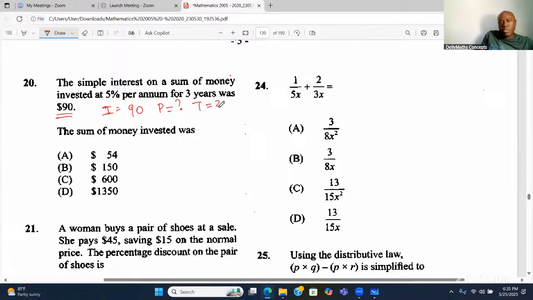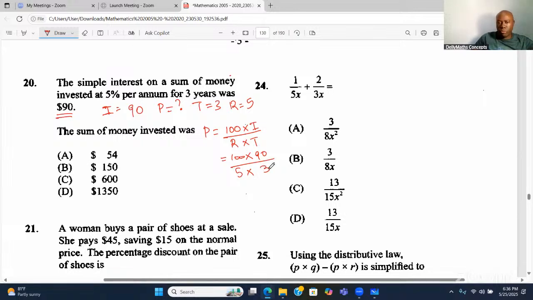You have the time, it's 3 years, you have the rate, it's 5. Remember, though, that P can be found by taking 100 and multiplying by your interest, divided by your rate times your time. So it's 100 times 90 all over your rate, which is 5, times the time, which is 3. You could break this down and you're good.